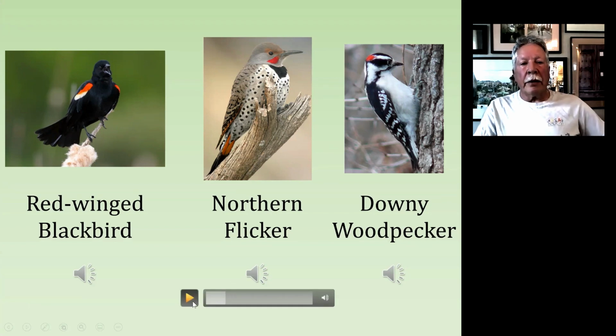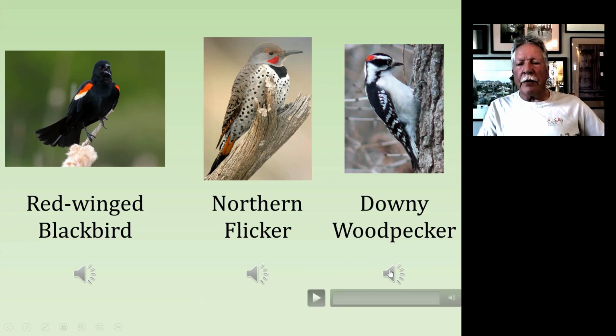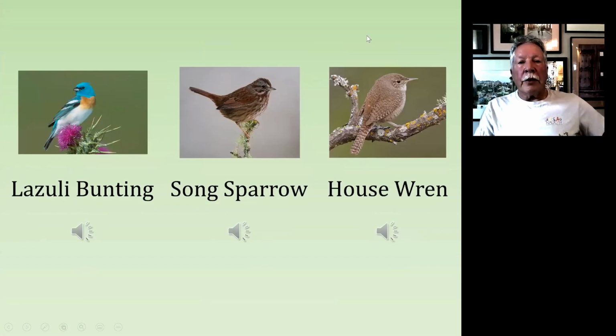I think you can see how those two sound fairly similar. And then the downy woodpecker is pretty different because it's not nearly as loud, but it's in that same category of just a single sort of a descending or level call. Okay, so those are some simple calls.